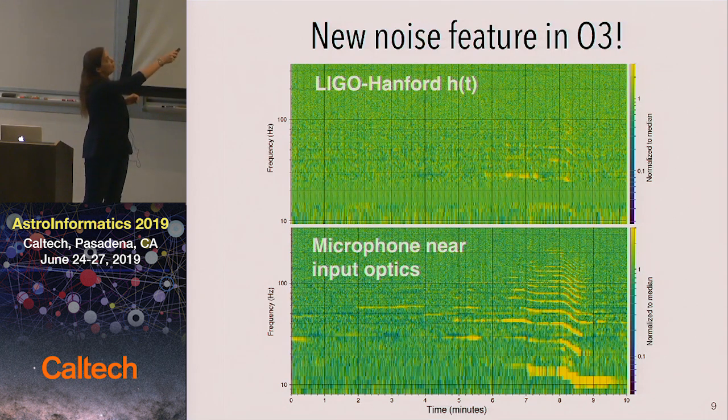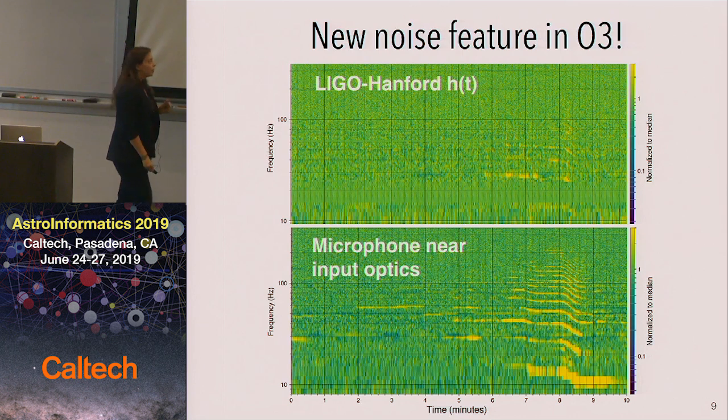Up at the top is gravitational wave strain data for LIGO-Hanford, and this is a microphone near the input optics. And you see this very harmonic-looking structure that decreases in frequency over time. Does anyone want to have a guess at what that is? That's coupling so nicely into our gravitational wave strain data.